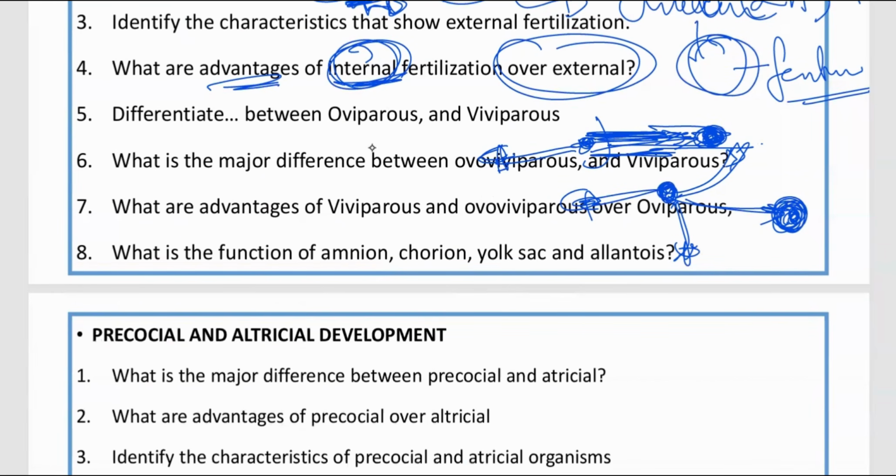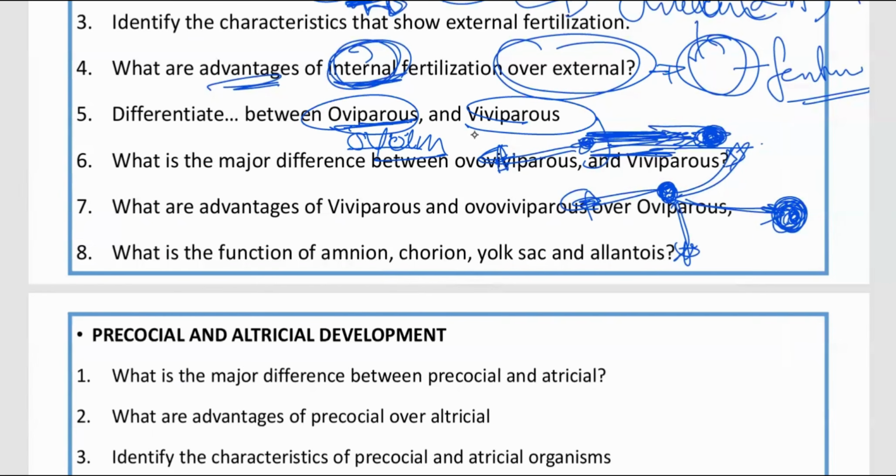When they say differentiate between oviparous and viviparous, here you have to know that ovi is ovum, of which the development is outside. Now, once you are done with fertilization, there must be development.